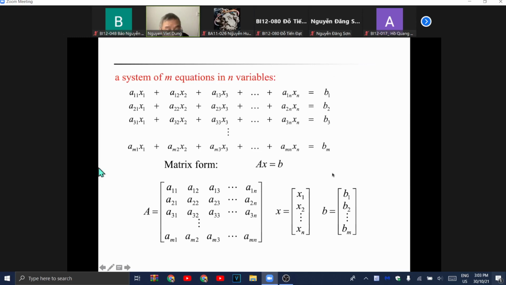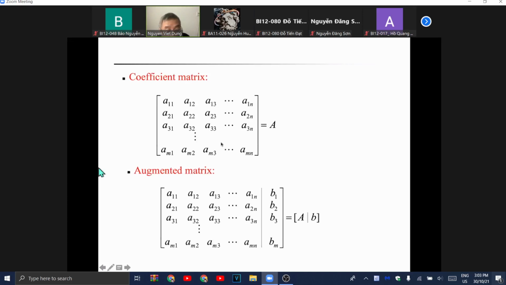For now we accept to write it down, and today we will know what that equation means. If on the right hand side of A we add one more column, the right hand side column, we get a new matrix which we call the augmented matrix.